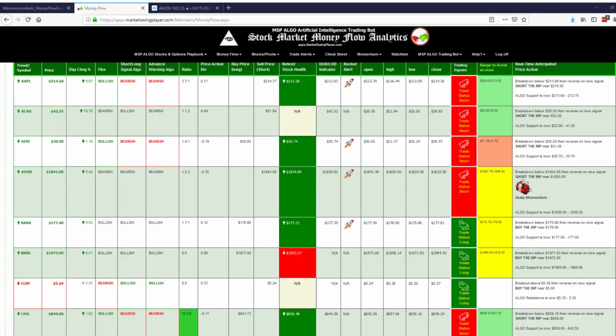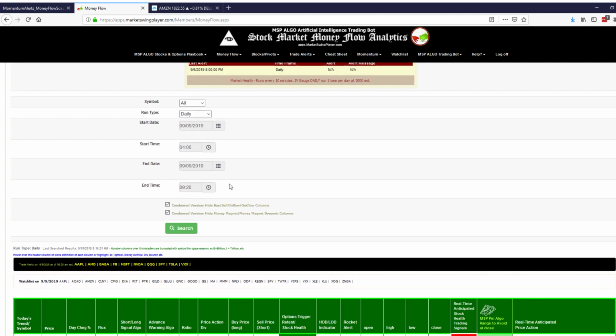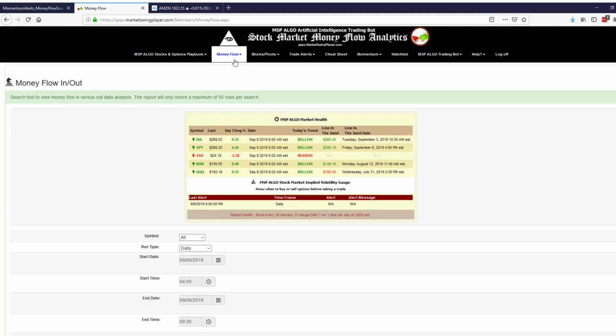So we have our money flow page here. You click the tab money flow, you have the money flow sequential view, and you also have money flow, okay? This is the sum total of all the money in and out for the day.